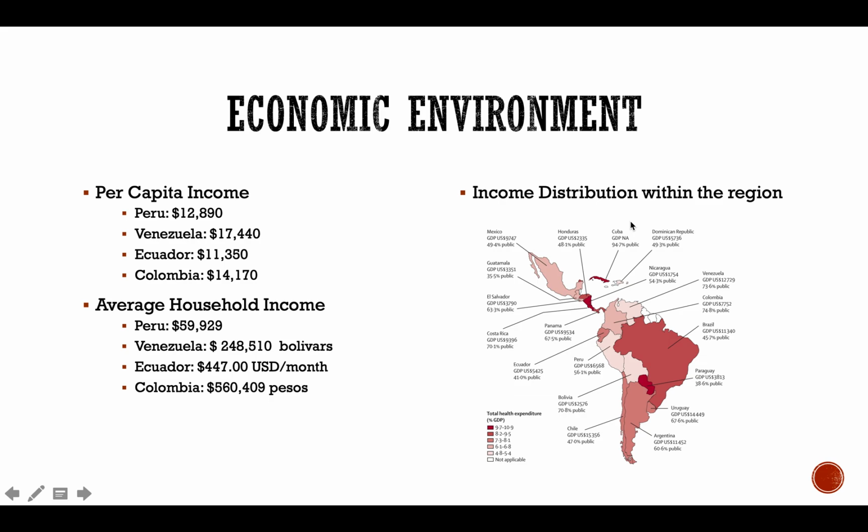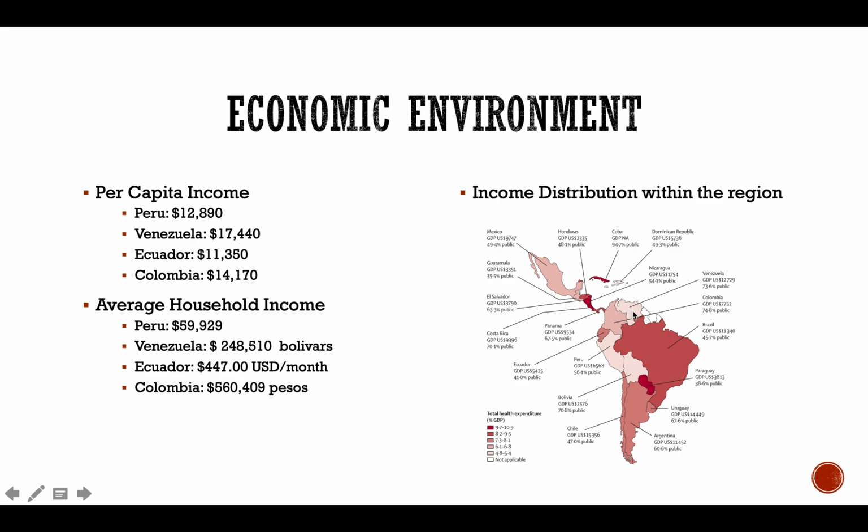The economic distribution within the region, as you can see in the South Central America region, the GDP percentage is actually a lot lower than most of the areas in South America, such as Brazil, Paraguay, Uruguay, Argentina. Those all have higher GDP percentages.